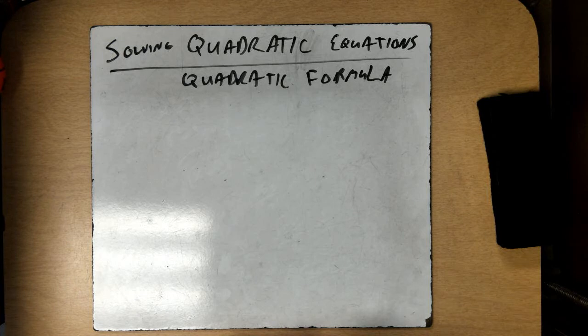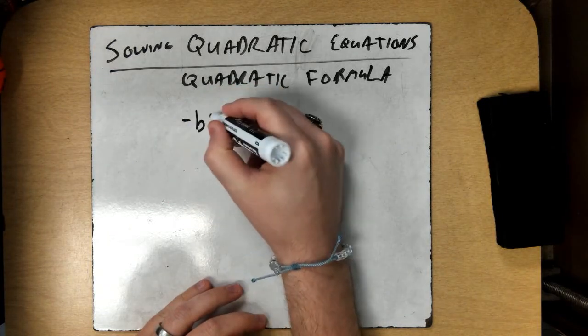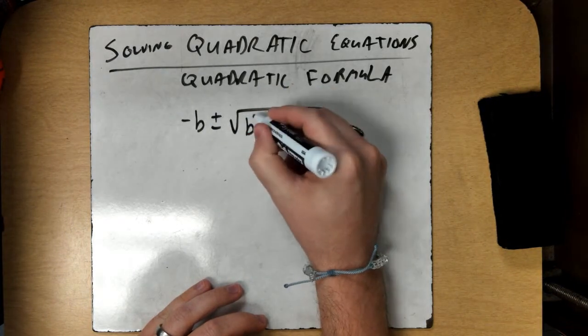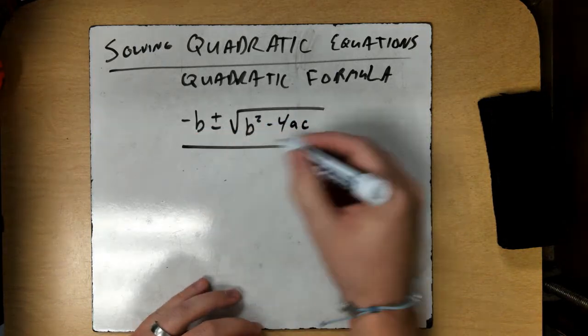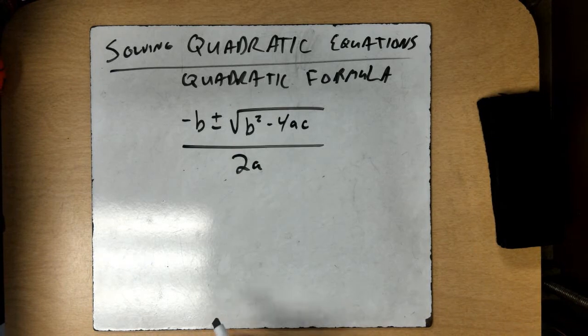In this case, we're going to use a specific formula, which I'm sure you have all heard in some way or form, and that is the quadratic formula, which is negative b plus or minus the square root of b squared minus 4ac all over 2a. Okay, so that is our quadratic formula, and that's what we're going to be using today.